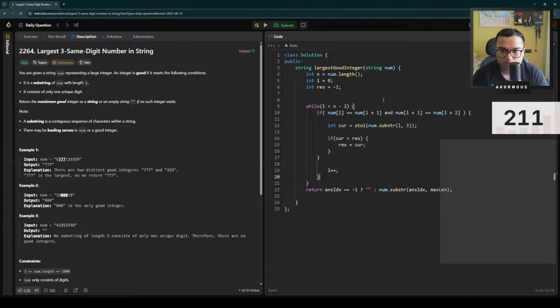And L++ will go every time. Now here if res is -1, then an empty string. Otherwise to_string of res. Make sense?